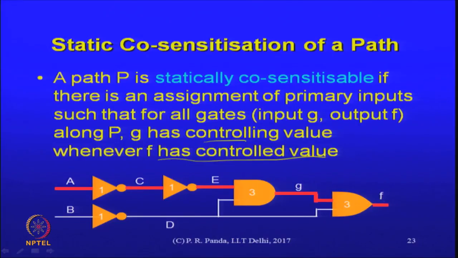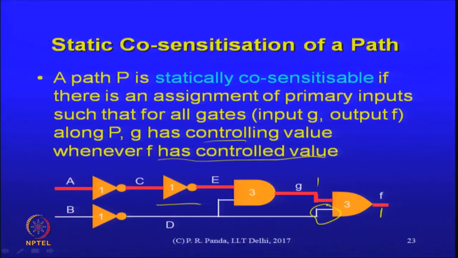Means if this is an output of an OR gate, and that is 1, then this has a 1. What about the inverter? There is only one input, so this question does not really arise; both values are controlling and controlled. So, G has a controlling value whenever f has a controlled value. We are not saying anything about the other input; that is how it is different from the static sensitization.